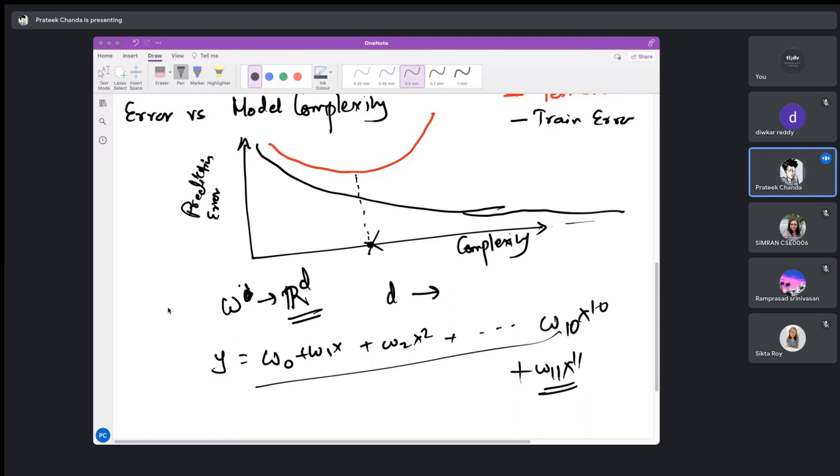So increasing the depth of the neural network means you're increasing the model complexity, and by default also increasing the number of weight parameters, the dimension of the weight parameters. So that's the idea. That's a way to quantify my model complexity.